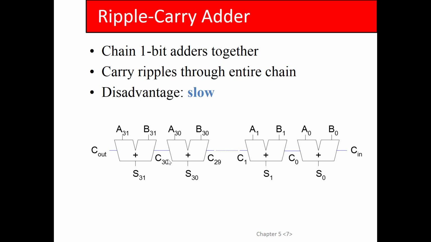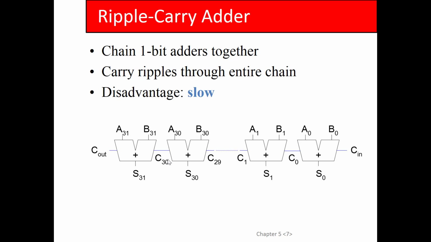That's the problem. I want to be able to look ahead and pre-calculate. This guy wants to say, what is my carry in as a function of these guys, not as a function of the carry ins. An easy way to do that is to add some outputs to these adders called generate and propagate. So this is generate 2, propagate 2, generate 3, propagate 3, generate 1, propagate 1, generate 0, propagate 0.